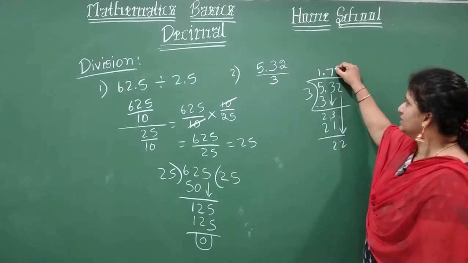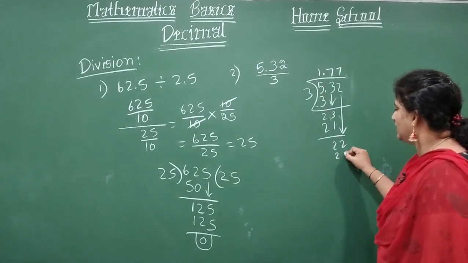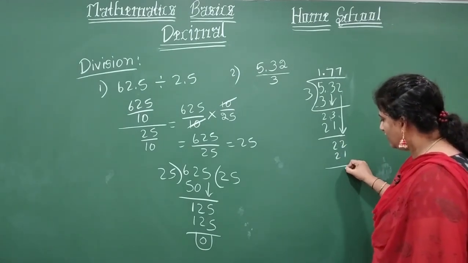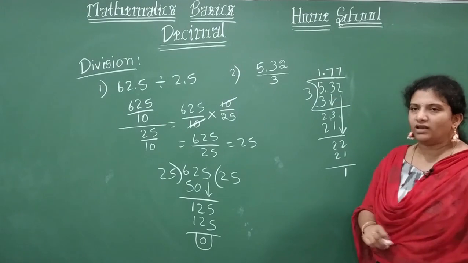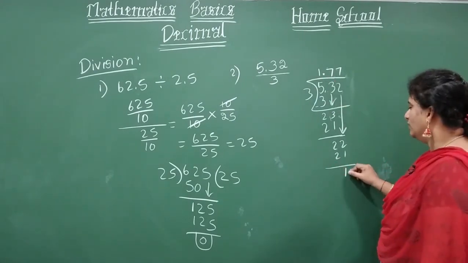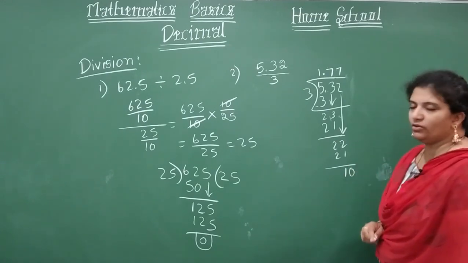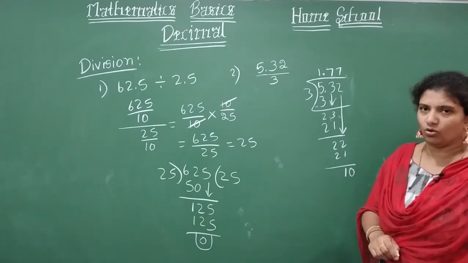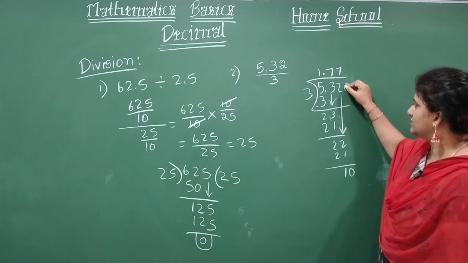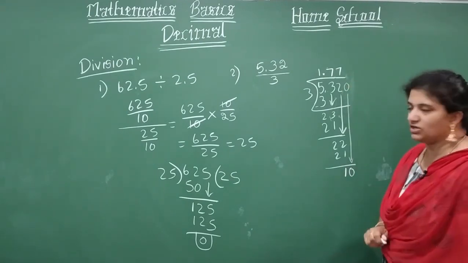22. 3 7s are 21. 22 minus 21 is how much, children? It will be 1. So you have kept your point, right? You can go on writing like this, right? You can include 0, so you cannot divide otherwise, right? So what I do here, I just keep a 0 and drag that 0 down.